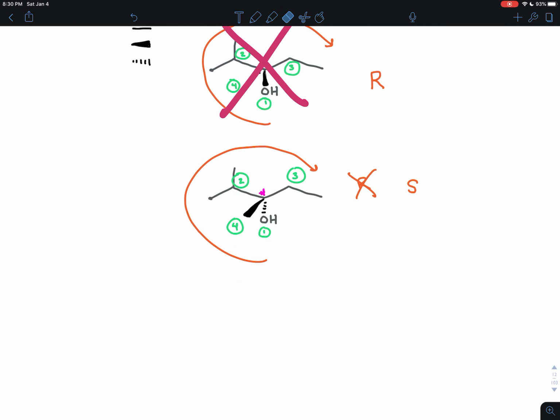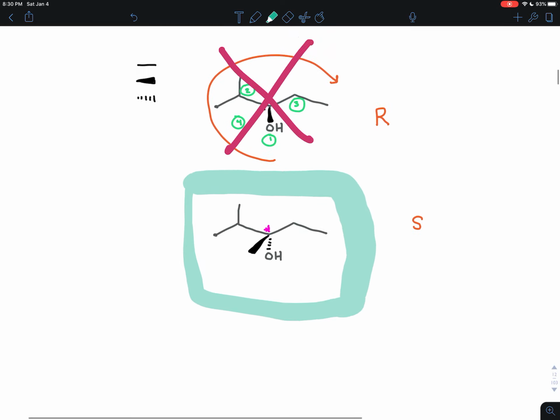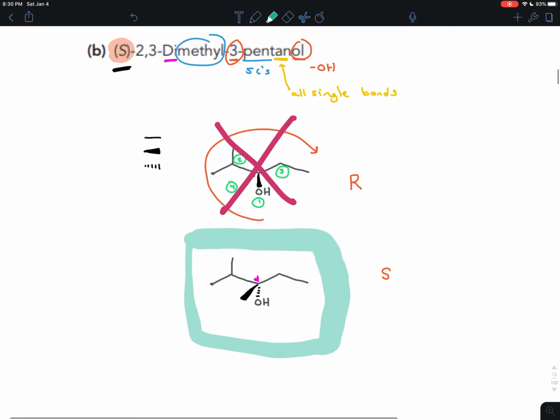So that one on the top is not, the one on the bottom is the correct structure. It's S. And so that would be what you would want to draw for S,2,3-dimethyl 3-pentanol. So I think the chiral center there is probably the trickiest part, but it gives you some good practice with becoming more fluent with those chiral centers.